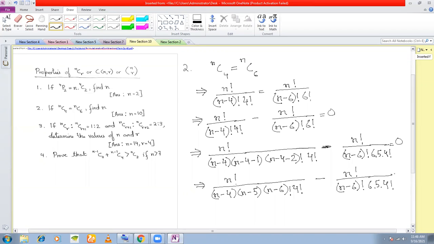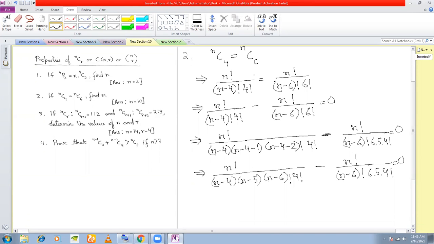Now you see from these two, you can take factorial n by factorial n minus 6 into factorial 4 common. So what are you left with? You are left with 1 by (n minus 4) into (n minus 5) minus, and here you are left with 1 by 6 into 5 is equal to 0, right?